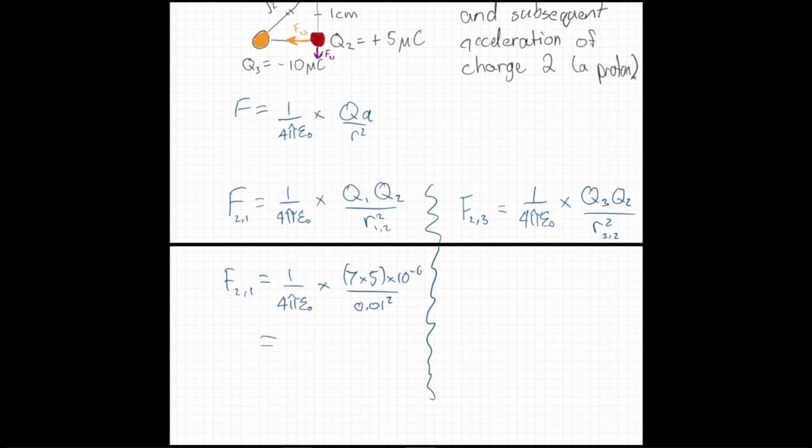It works. You don't even need brackets. You'll just get 0.00035 or whatever. 10 to the negative 6.